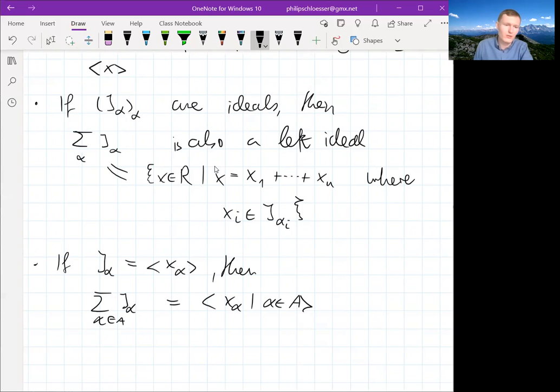So if we have finitely many, we can, for example, write our ideals like this. And that would just be the elements that can be written as a finite linear combination of these xi.